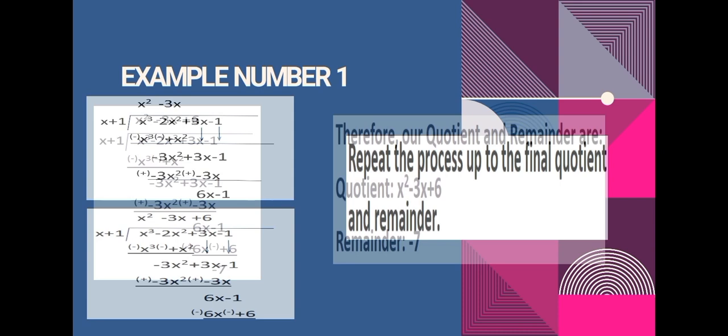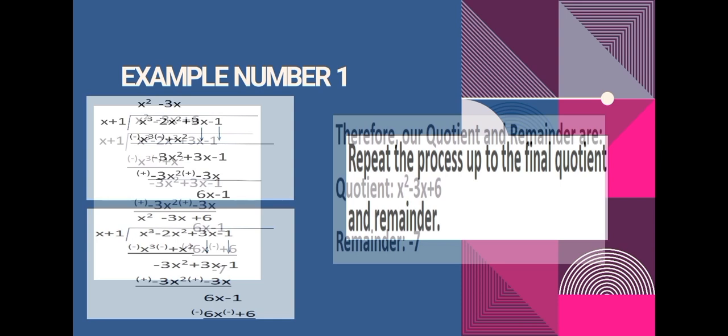And now we multiply 6 to the divisor. So 6 times x is equal to 6x, and 6 times 1 is equal to 6. Now this is our new product.